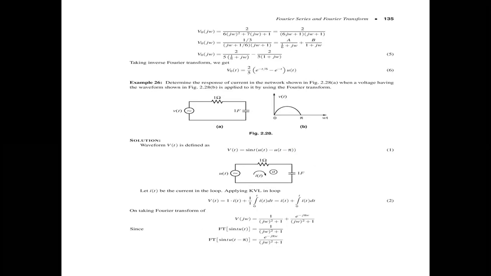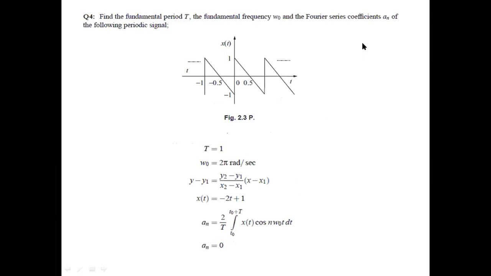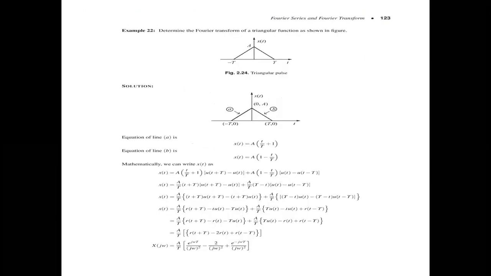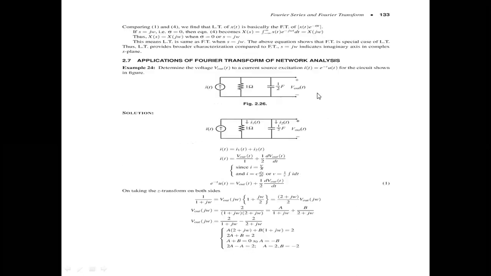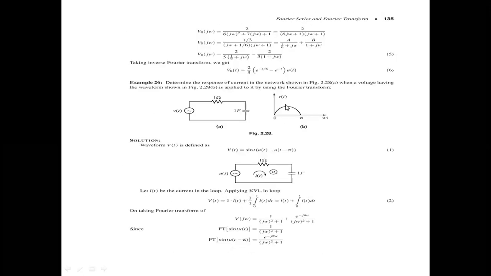The first example we already saw. Today's first example is a triangular wave. The triangular wave line equation we got, but it is multiplied with the step function. Similarly, here the half wave is given, in the half sine wave. I'll explain clearly. Let us see here.